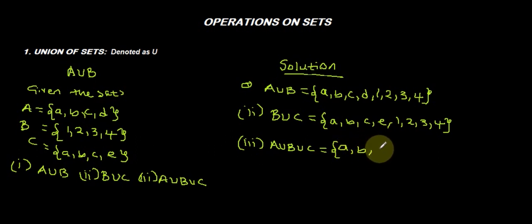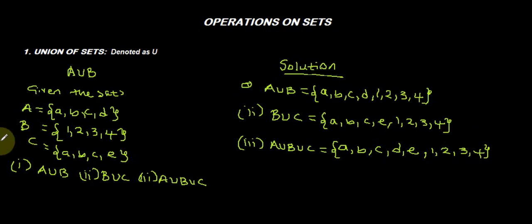We say A, B, C, then we continue D, then E, then we go to set B now. We have 1, 2, 3, 4. Most times it is usually advisable to write the alphabet first before writing the numbers.